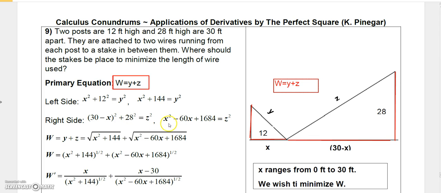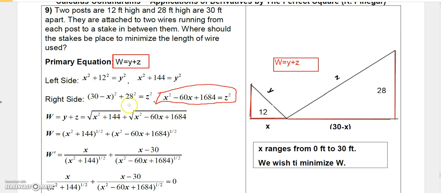Doing the arithmetic, that gives x squared minus 60x plus 1684 equals z squared. The reason I wanted y squared and z squared is because if I have y squared, I can get y, and if I have z squared, I can get z, and my primary equation involves y and z.